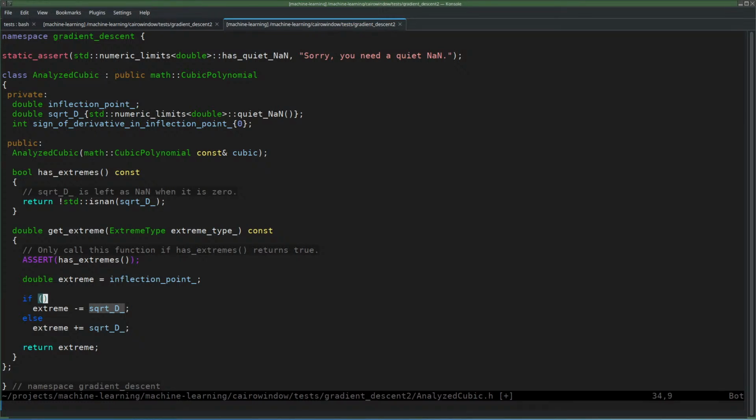Okay, so when is it left off and when is it right off? Well, that depends on two things. What extreme am I looking for? And what is the derivative in the inflection point? So subtracting would be okay if we say we have a curve like this. If we're looking for a maximum and the sign is negative.